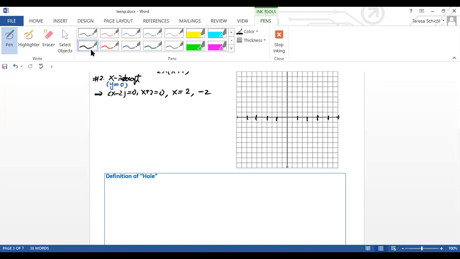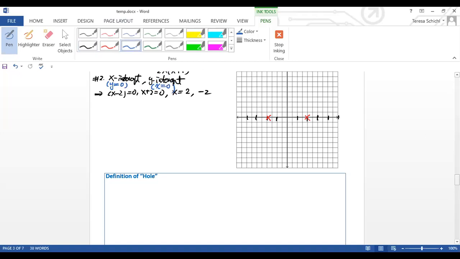Let's mark 2 and negative 2, our x-intercepts, so the graph will pass through there. Next we want to find the y-intercept, which we get by setting x equal to 0.